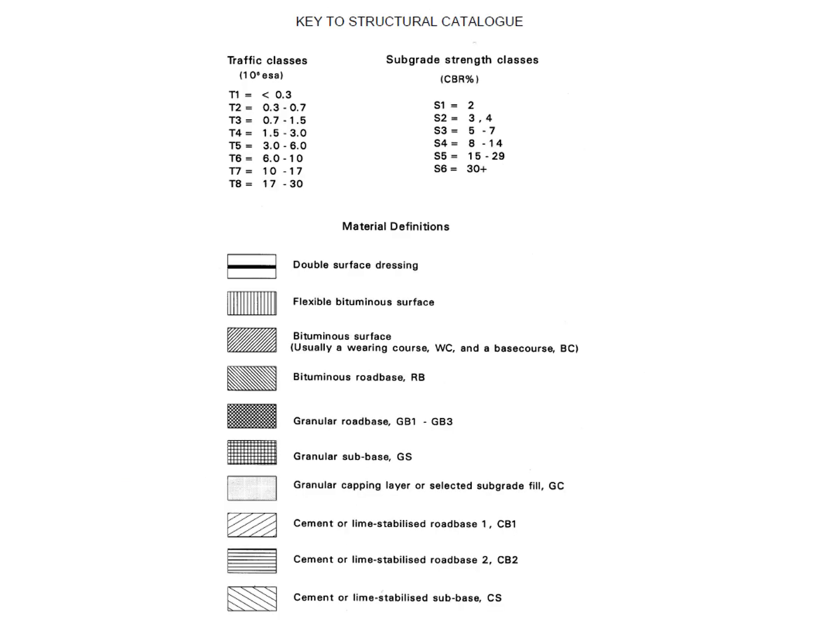Now on this particular slide, again you can see the traffic classes, the subgrade classes and the material definitions, or you can say the legends which are being used in this particular method, Road Note 31.